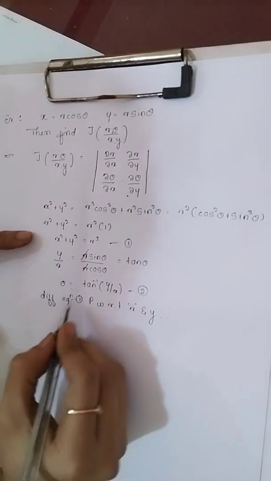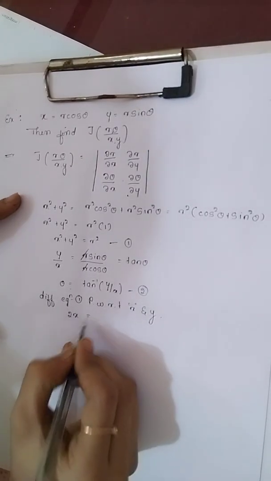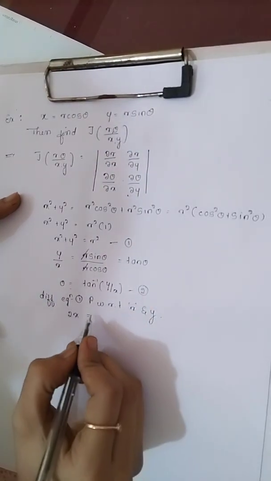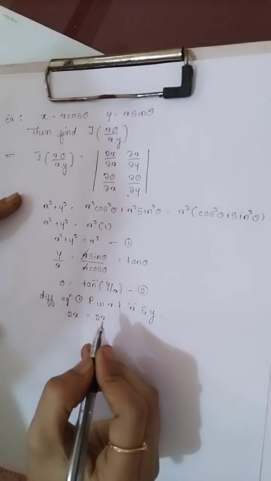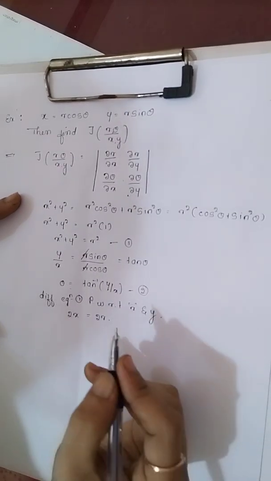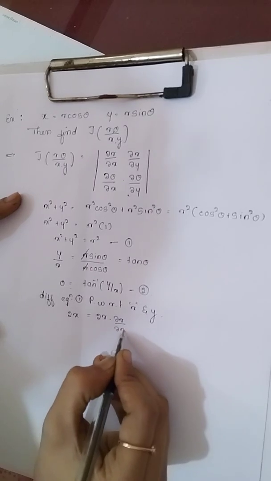So the differentiation of x square is 2x, which is equal to the differentiation of r square partially with respect to x, that is 2r into dou r by dou x.